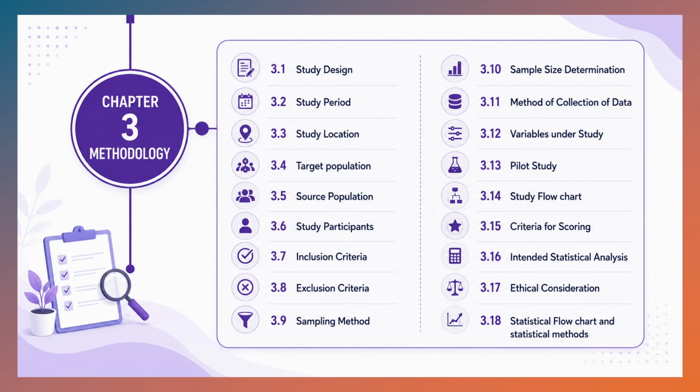It has many subdivisions: study design, study period, study location, target population, source population, study participants or sample, inclusion criteria, exclusion criteria, sampling method, sample size calculation, method of collection of data, variables under study, pilot study if it is needed.